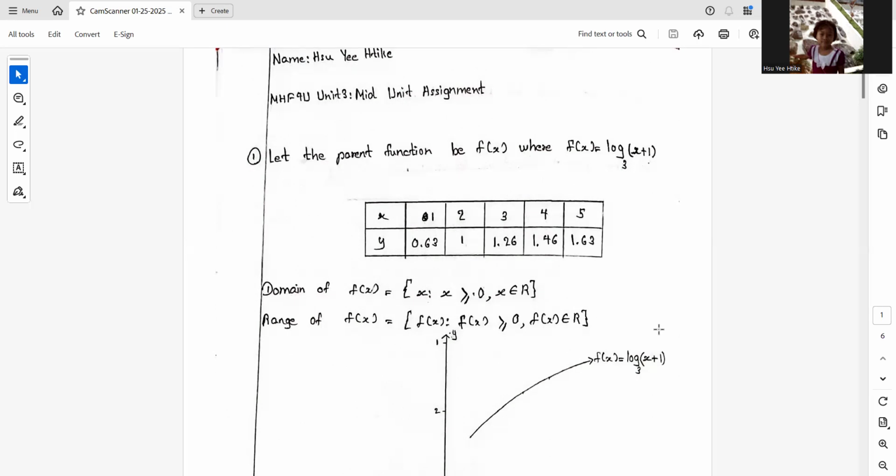For question 1, I let the parent function be f of x, where f of x equals log of (x plus 1) base 3. I put in values of x and the values of y came out as I have written in this table.